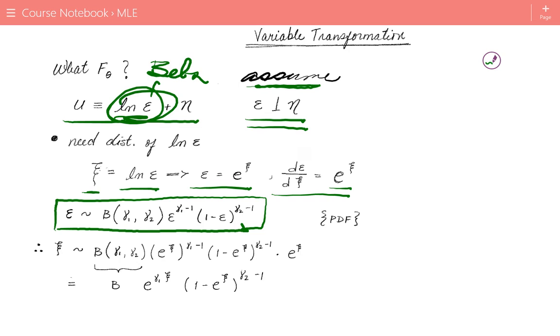And so now if I plug in what I need, I can identify that psi therefore has the distribution which is specified as what I have here in the beta distribution, but it also has the derivative with a variable transformation attached to it. And if I just write the beta function, not distribution, but beta function of gamma 1, gamma 2 as b, just for a shortcut, we end up with psi having the PDF of this function.